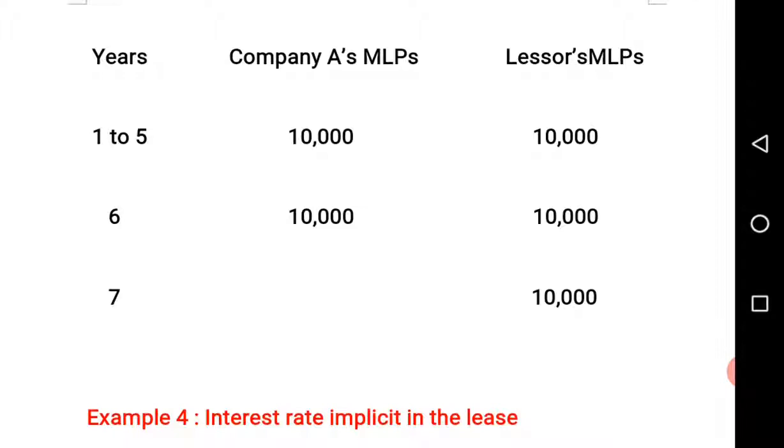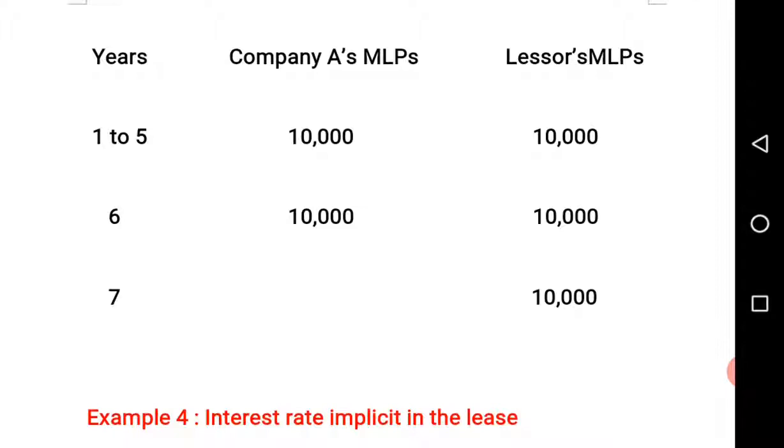So here we can see that if the lessor leases an asset to 2 unrelated parties, that means the minimum lease payment would automatically be different, but if it's just one, the minimum lease payment would be the same. So we have year 1 to year 5 times 10,000, that's 50,000. Then year 6 times 10,000, if you add the total, it will give you 60,000.